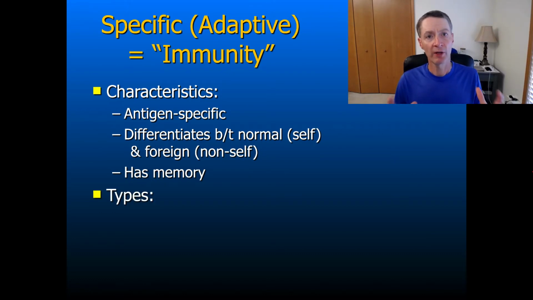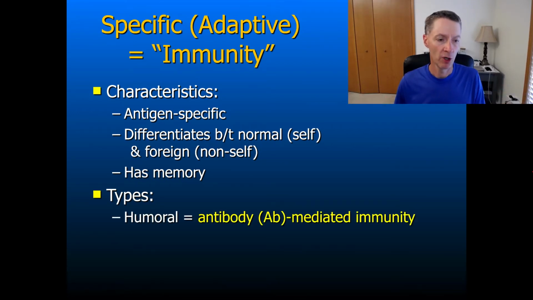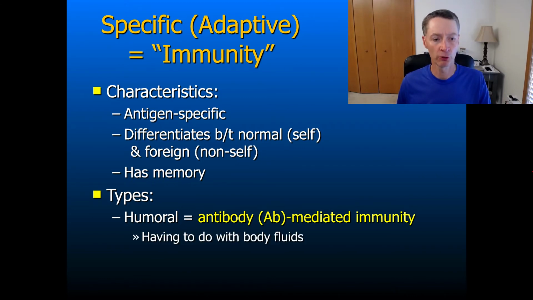Now, when we look at this adaptive side or the specific side, we generally break it down into two basic categories. One is humoral, and here we'd be talking about the humors of the body, the liquids of the body, and antibodies are found in those liquids. So you'd want to immediately connect the word humoral with adaptive or specific, and also with antibodies, because humoral is talking about those molecules dissolved in those liquids.